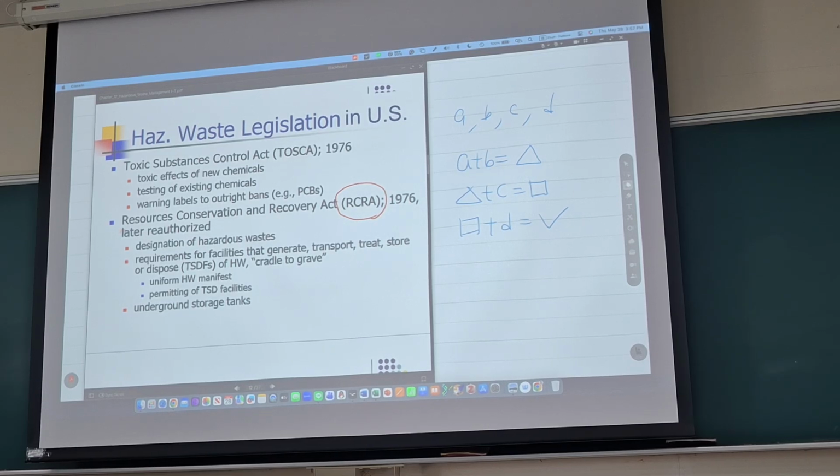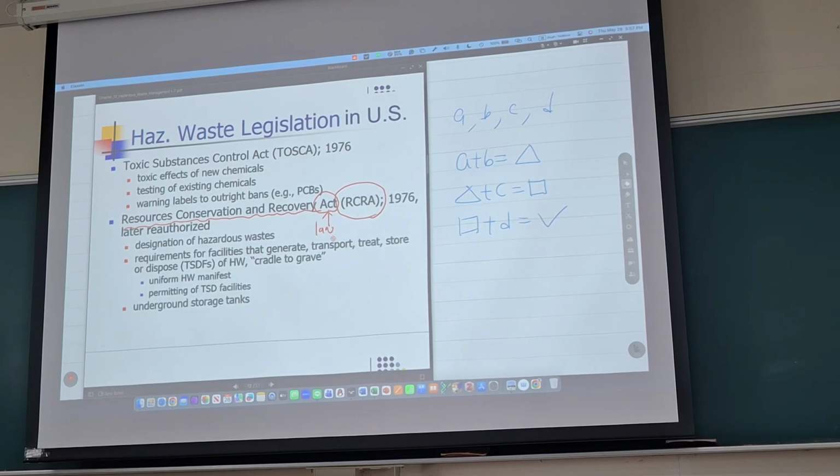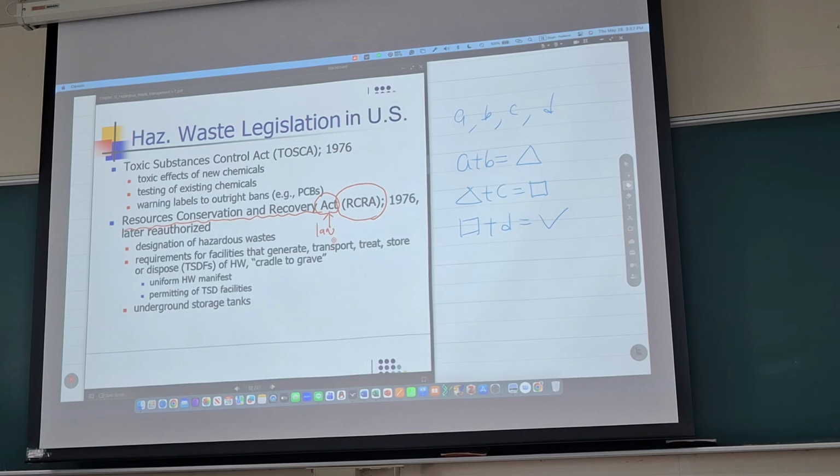RCRA stands for Resource Conservation and Recovery Act. The act here is law. In British and United States law, the act means law or regulations.